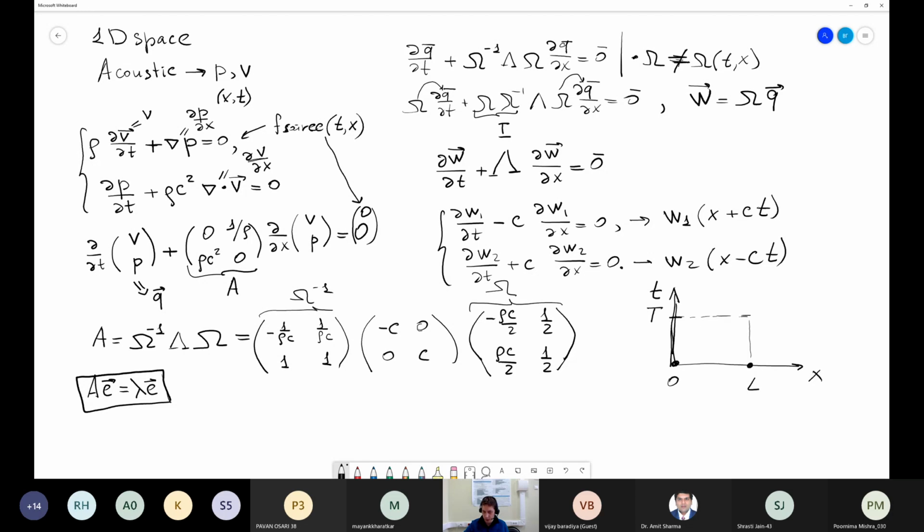And what if we have some point here at some time moment and some position, x minus ct equal to constant will give us this line. This is the second characteristic line, and for w1 we will obtain the inverse slope.